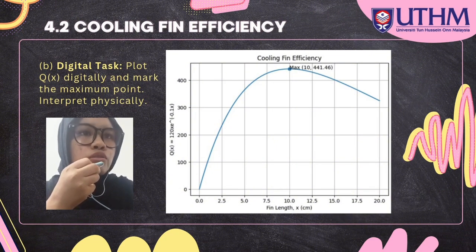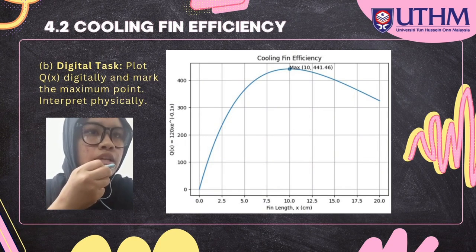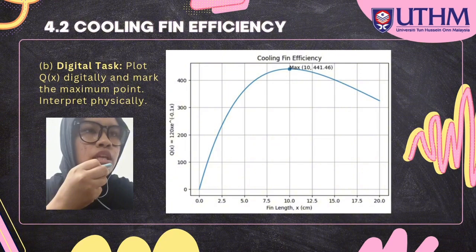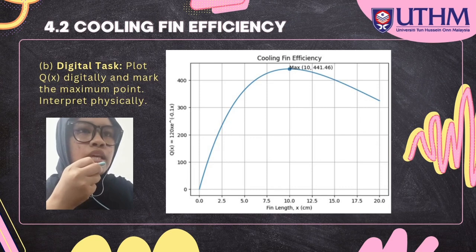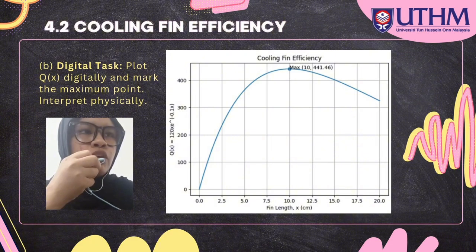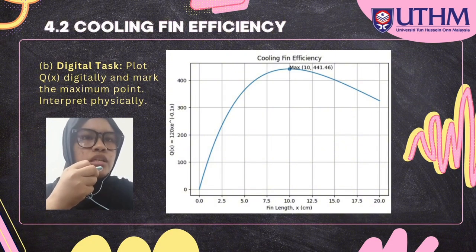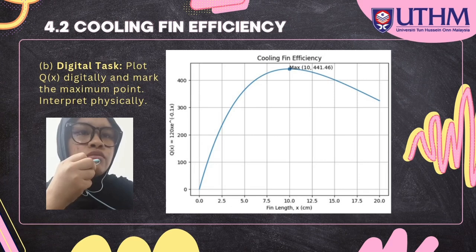Step number 2, we substitute x equals 10 into the original equation. So Q of 10 equals 120 times 10 times e to the power of negative 1. Then calculate the value.